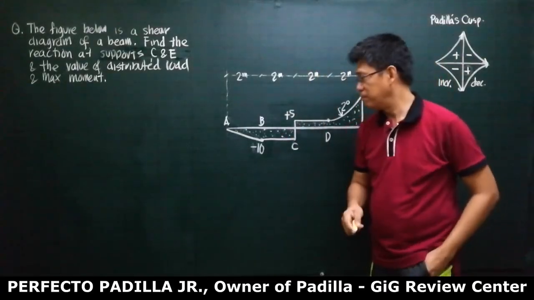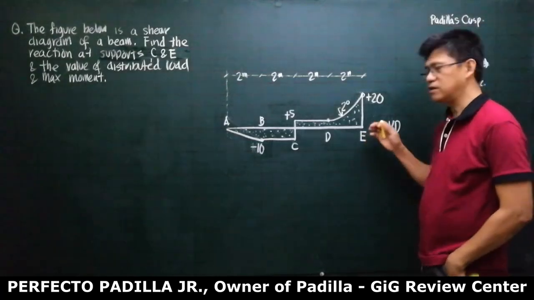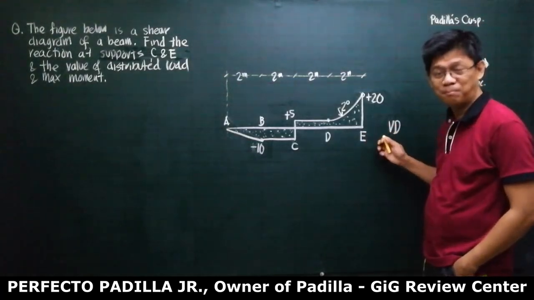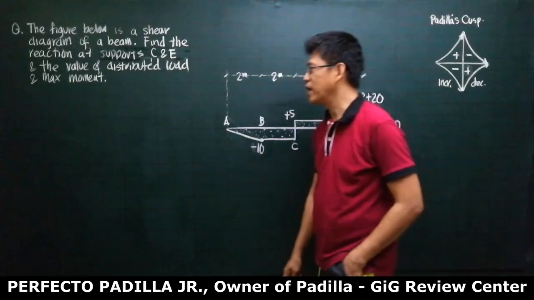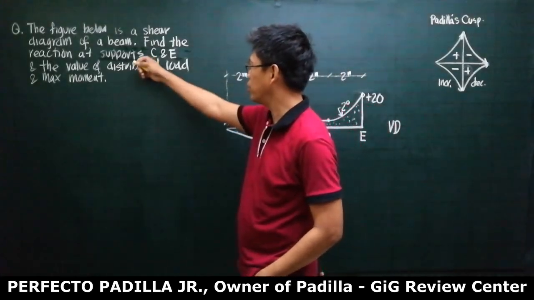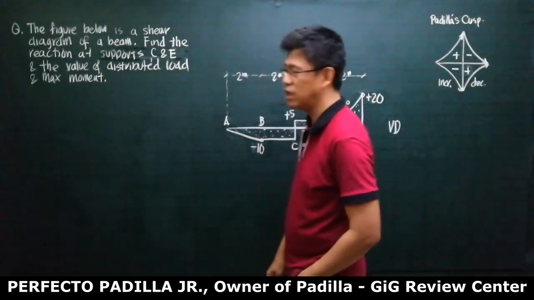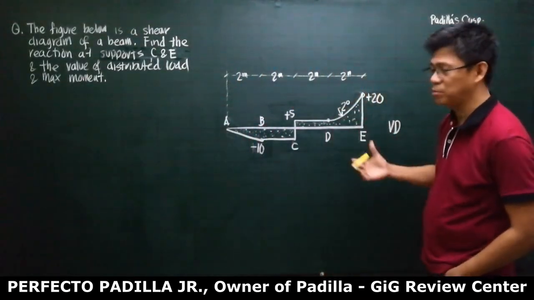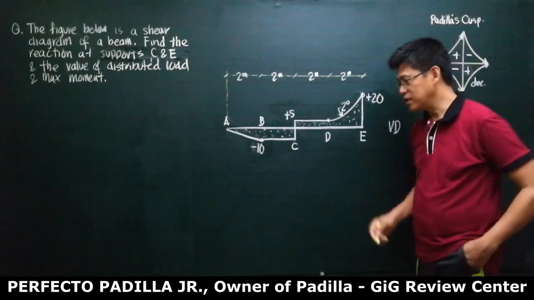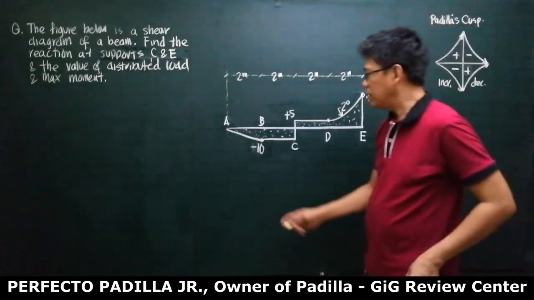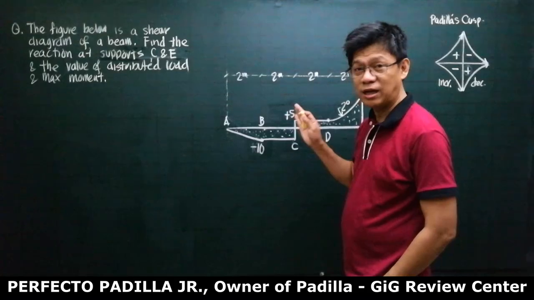Let us solve this problem. We are given here this shear diagram, and we are asked to find the reactions at supports C and E, and the value of distributed load and the maximum moment of the beam. So let us do this. Now, let us first solve our load diagram.